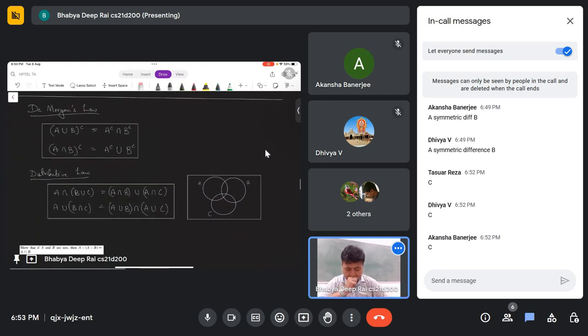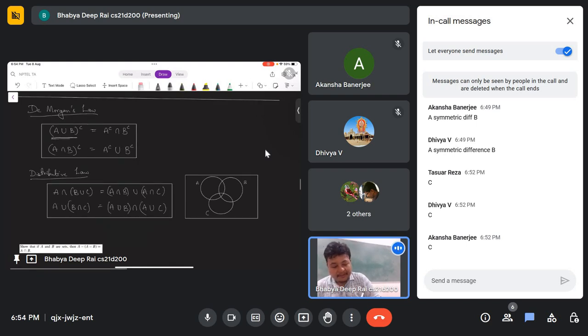Let's do the next set of things that were done in the lectures. At this point, things will get a little bit non-trivial. So, De Morgan's law says the following. De Morgan's law is used to remove complements, large complements. What do I mean by large complements?